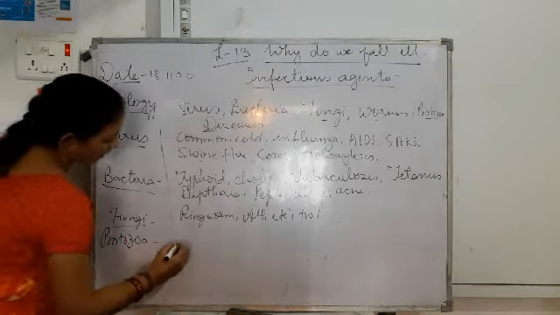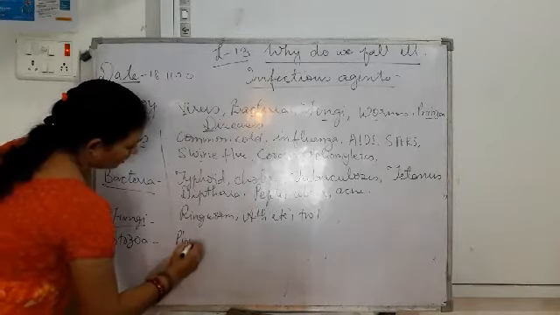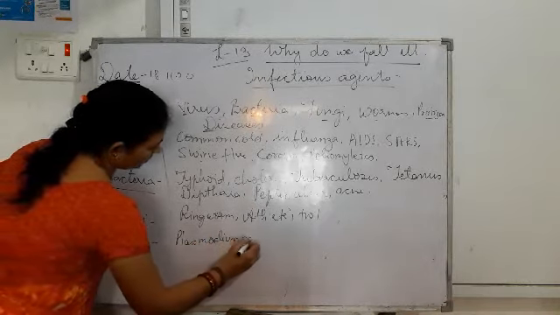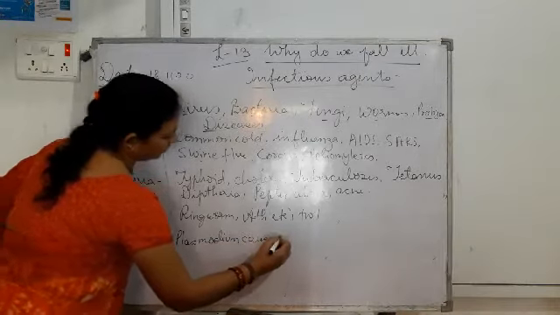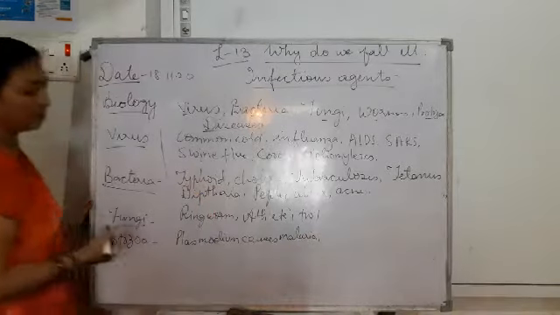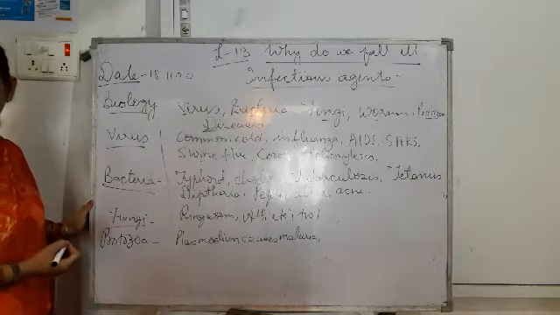Under protozoa you have Plasmodium. Plasmodium causes malaria. A vector passes it, that is the female Anopheles mosquito.